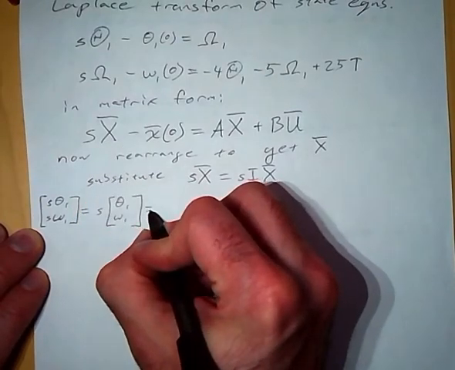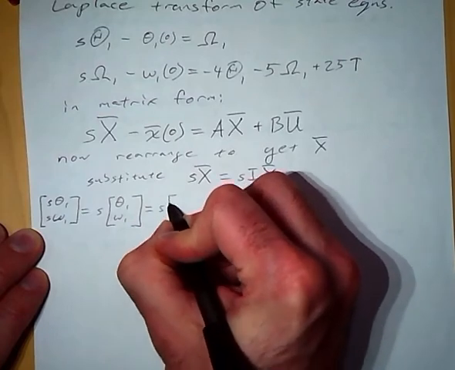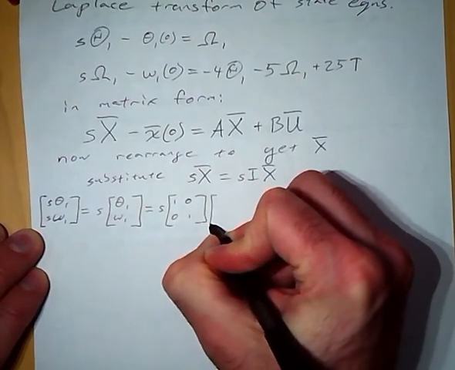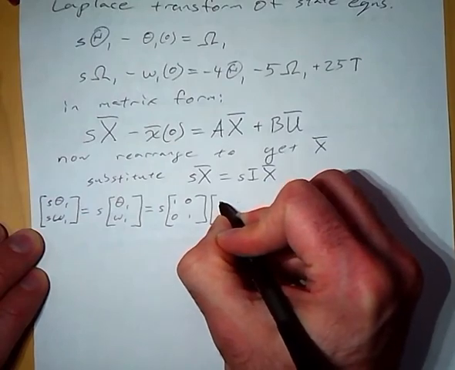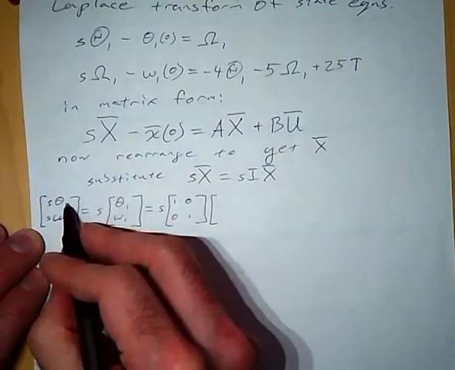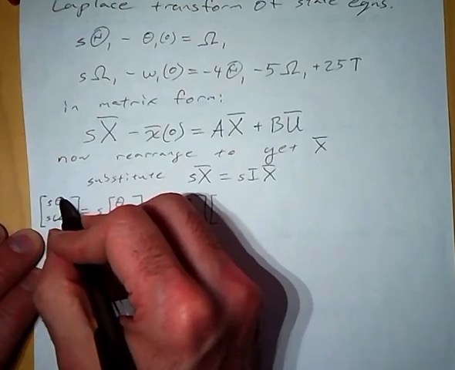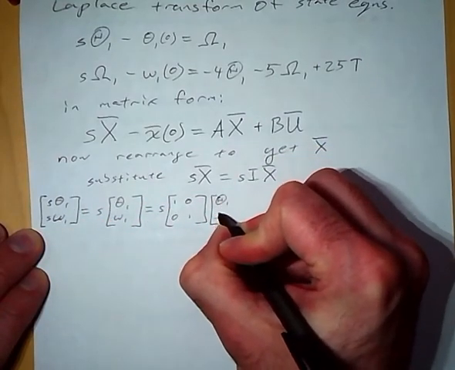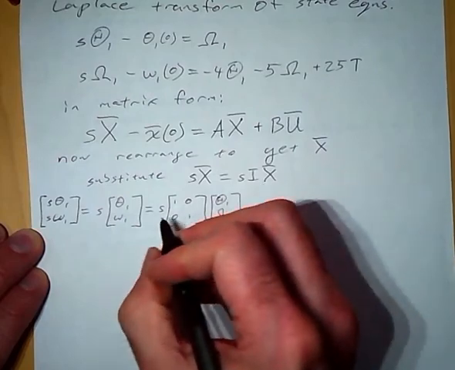And we're going to set that equal to S times the identity matrix times the state vector. Oh, this is the Laplace transform of the state vector, so these should be capitalized. Oops. So this would be theta 1, omega 1.